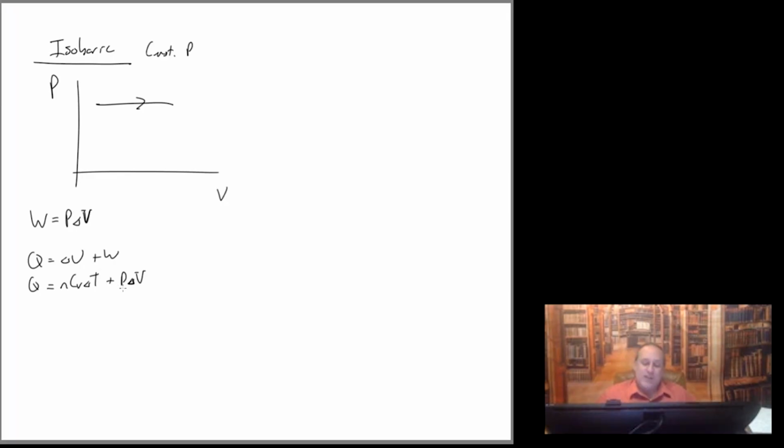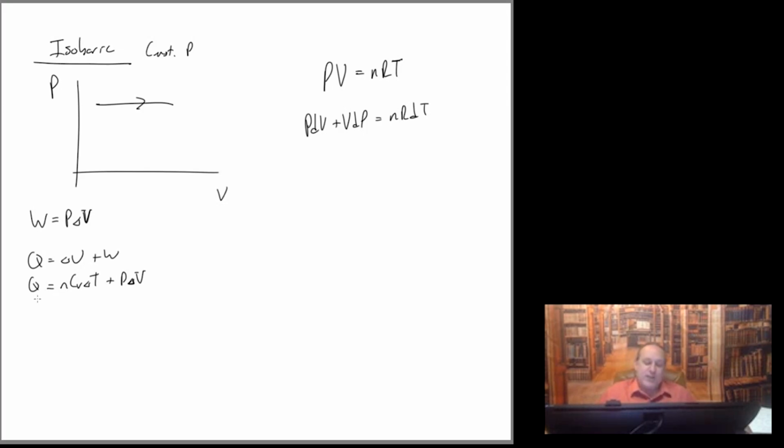So here's the idea. I want to see how P times delta V relates to a delta T. So we take the ideal gas law, PV equals nRT, and we differentiate it. If I differentiate it, I use the product rule, and I get P dV plus V dP equals nR dT.